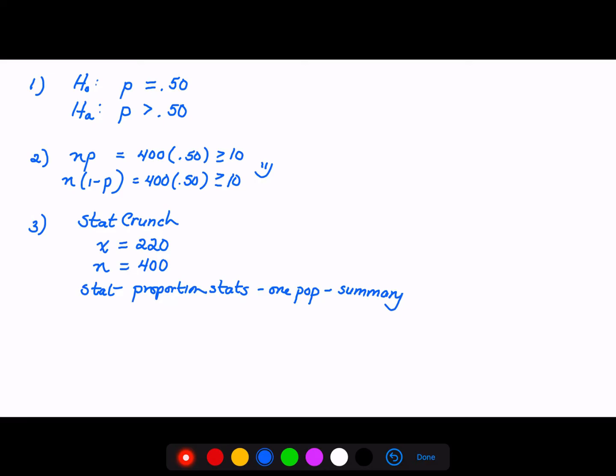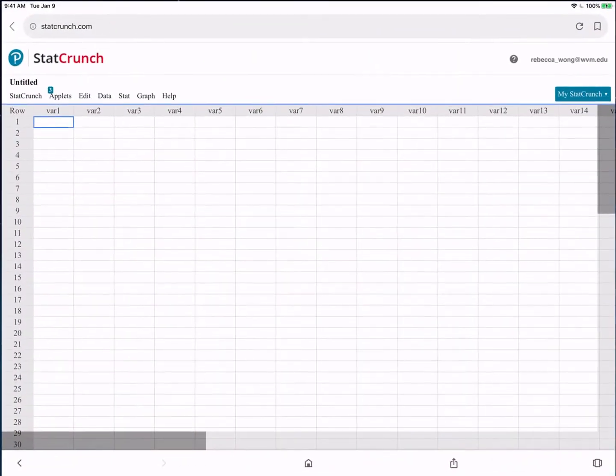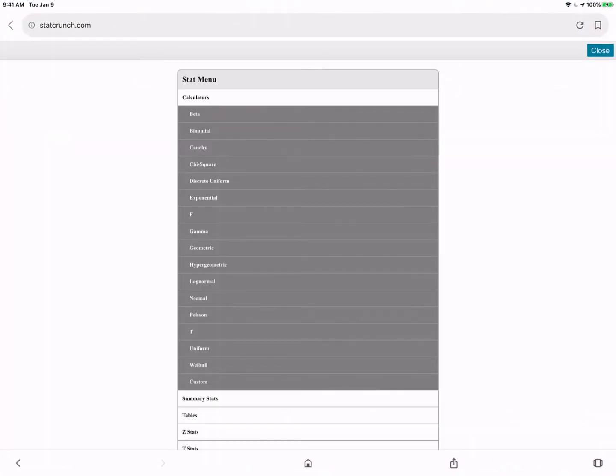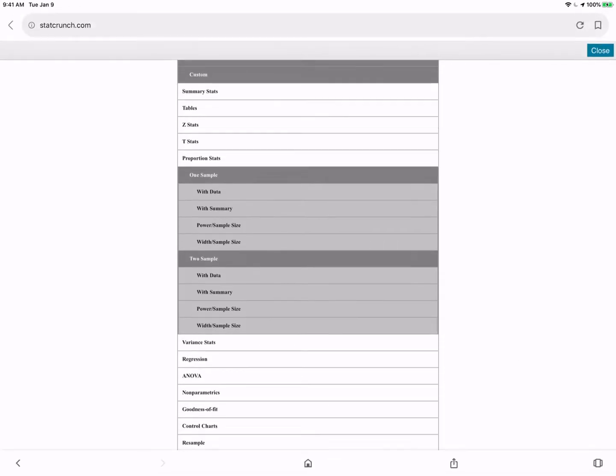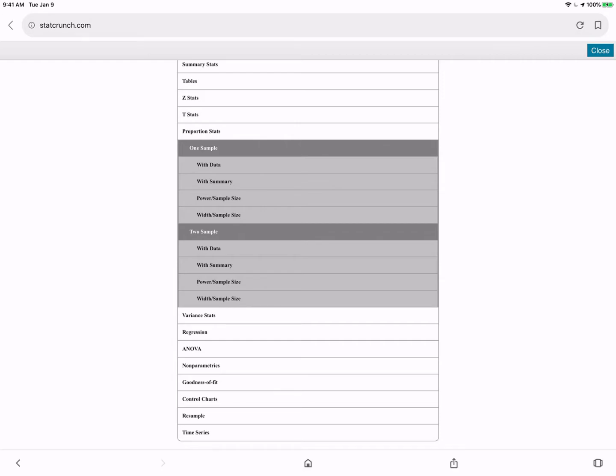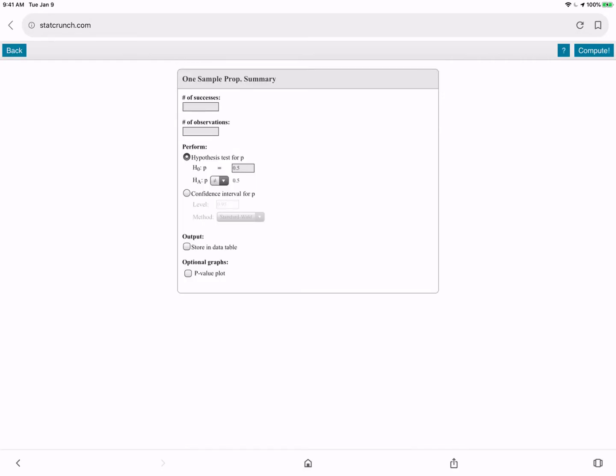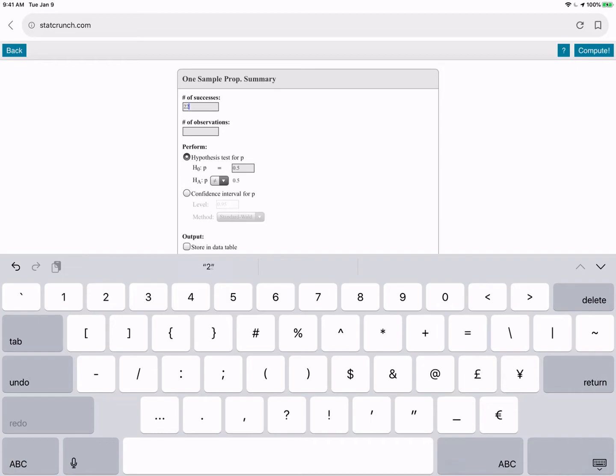So let's go to StatCrunch and enter that information. Okay, so again to stat, and we're working with proportions. We have one sample, and we have a summary. So the number of successes, 220 people said they felt this way out of a total number of 400. We're doing a hypothesis test.